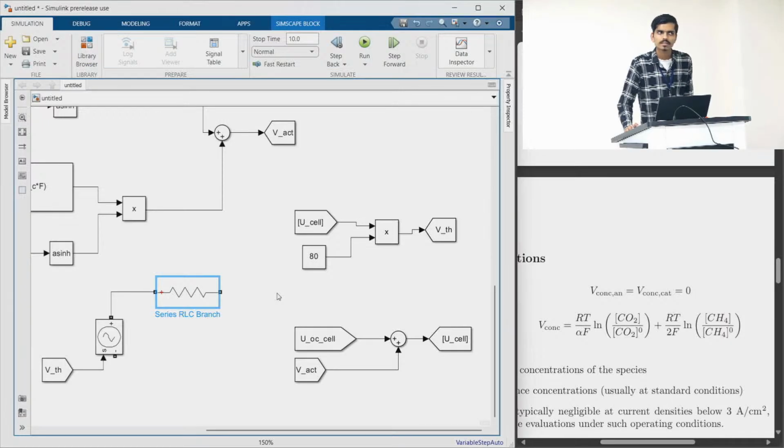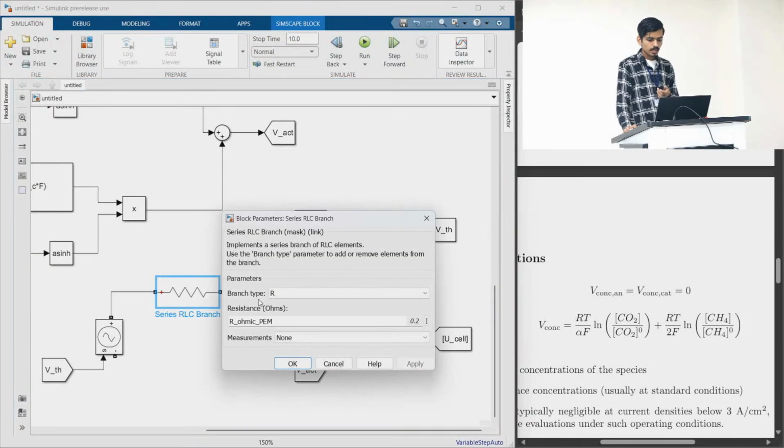We have to compare with our static electrical models. R underscore ohmic underscore PEM. PEM stands for proton exchange membrane.